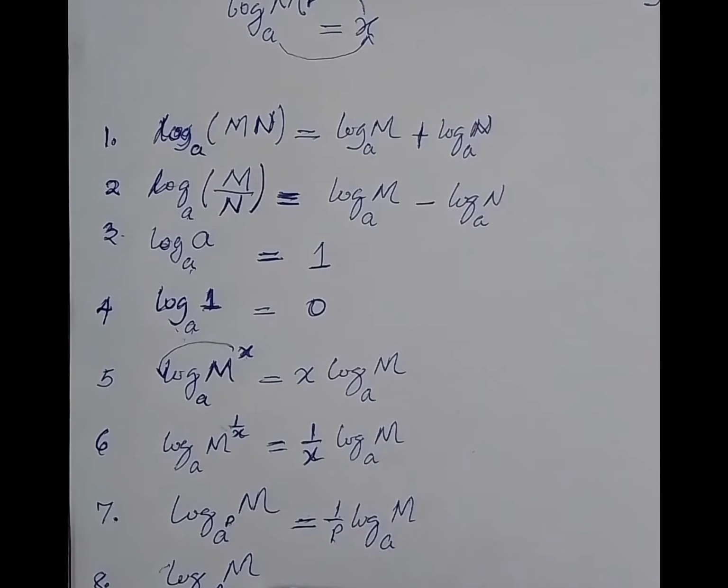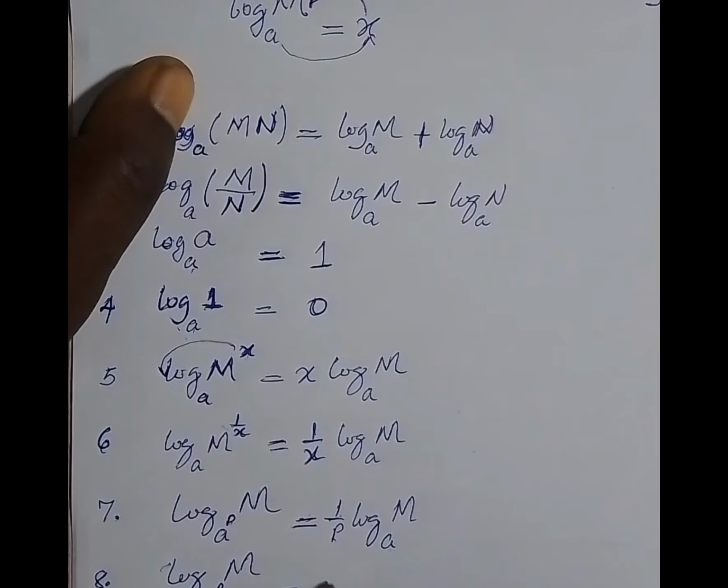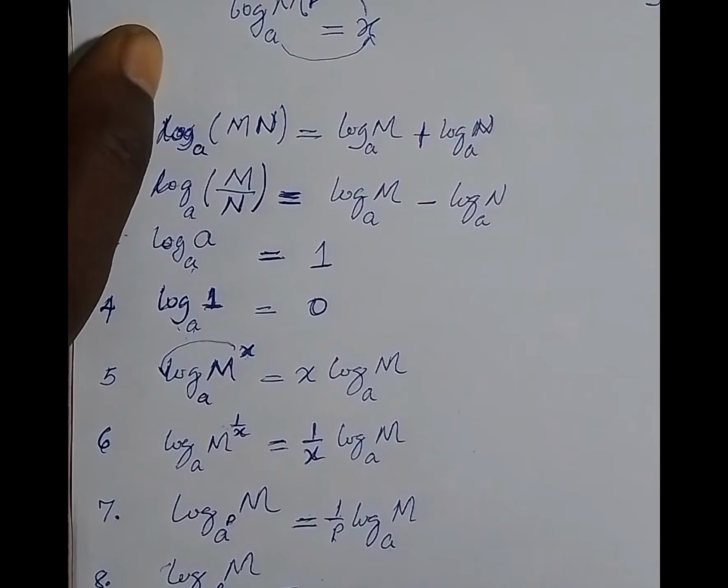Take the reciprocal of it. So the reciprocal of p over q will be q over p. And that q over p assumes the position of the coefficient. So you have q over p log m base a. So that is the law. So laws 7 and 8 deal with the case where you have the base assuming the power.